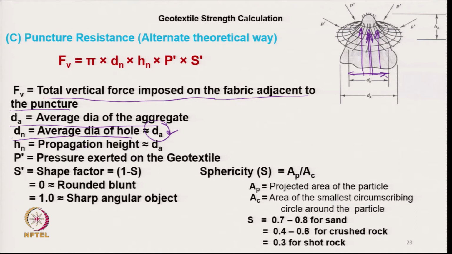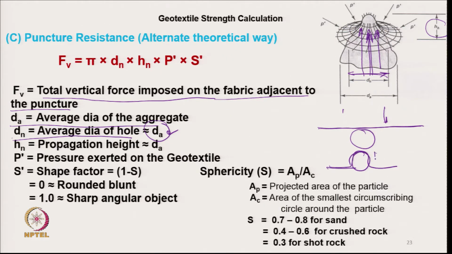Then the propagation height hn, the maximum propagation height, can be equal to the diameter of the stone. Suppose this is one geotextile, and we have one stone here. Now, when the pressure is applied, the stone can propagate up to this maximum height.